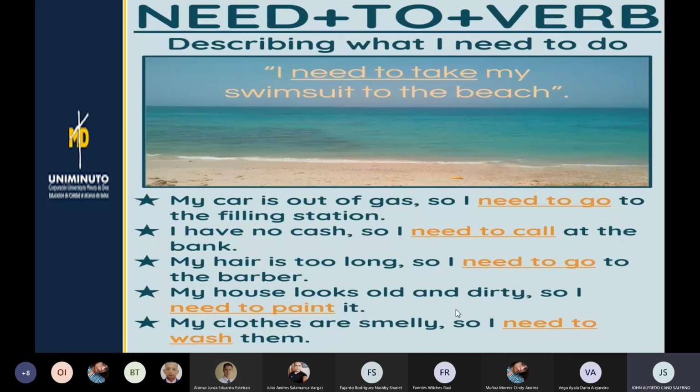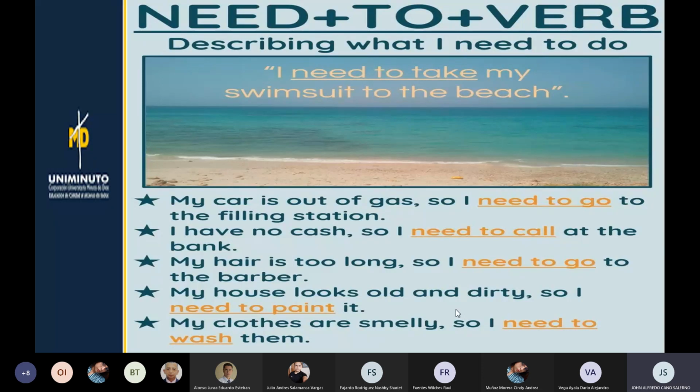Efectivo, así que necesito llamar al banco. My hair is too long, so I need to go to the barber. Okay, mi cabello está demasiado largo, así que necesito ir al barbero. My house looks old and dirty, so I need to paint it. Mi casa luce vieja y sucia, así que necesito pintarla. And my clothes are smelly, so I need to wash them. Mi ropa está olorosa, así que necesito lavarla.